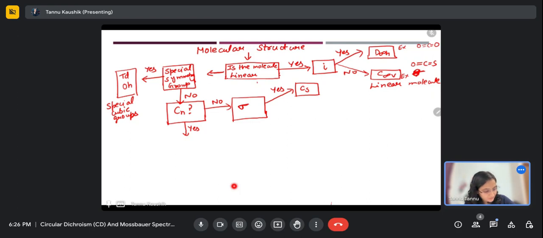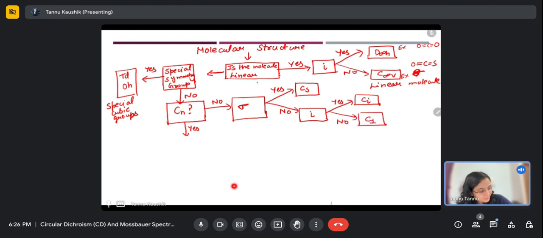And if not, then we will again ask a question whether it has an inversion center or not. If yes, then it will belong to CI point group, and if not, then it will belong to C1 point group.